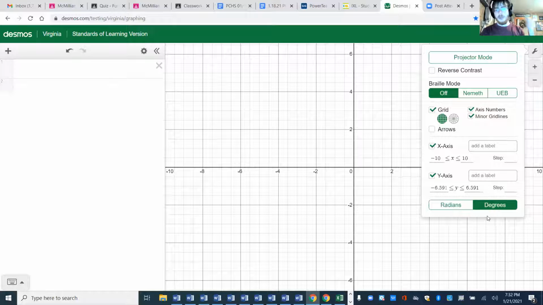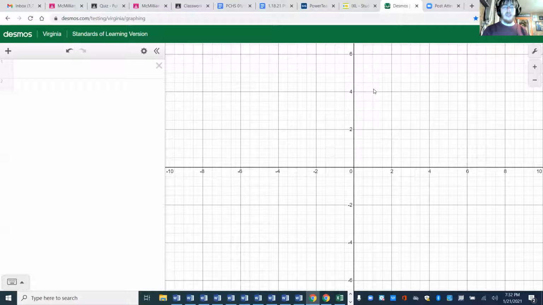And the reason this is important is because we mostly work in degrees. Okay, so if yours looks like this here with the radians boxed in and colored in, you need to change it to degrees. That will change your answer significantly if you do not do that.